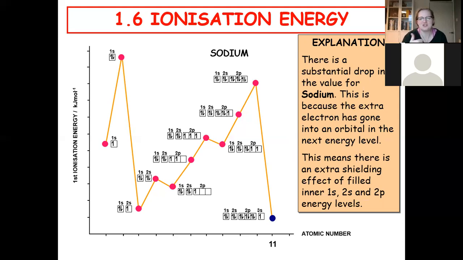This means we've got extra shielding because of the 1s, 2s, and 2p orbitals. And also our atomic radius has increased. So we've got atomic radius increasing, and we've got extra shielding. So the increase in nuclear charge is less effective here. So it's all sort of a balancing game between the three different factors that can affect ionisation energy, going which one's stronger, which one's affecting it more each time.